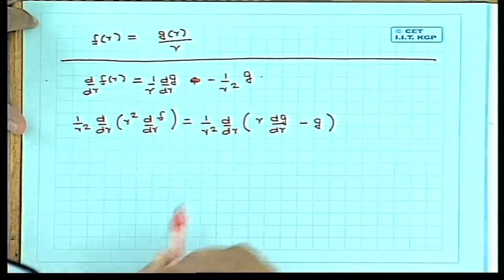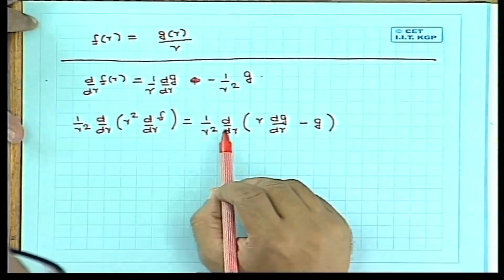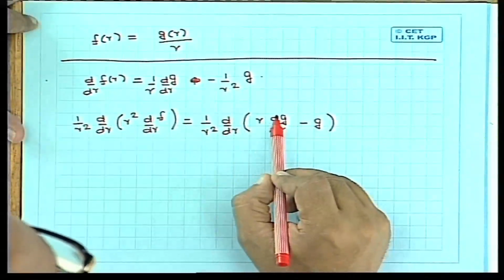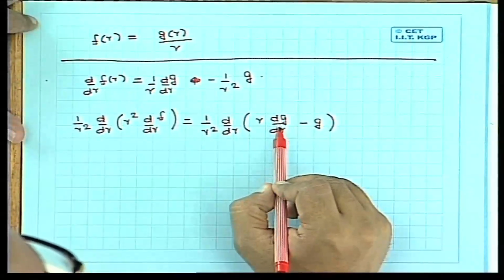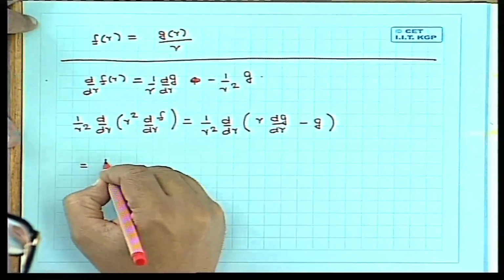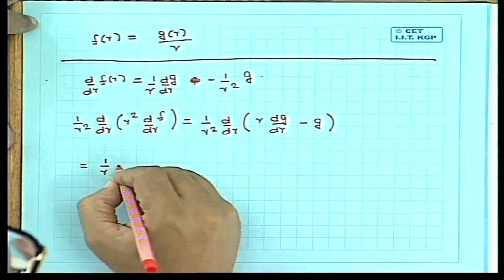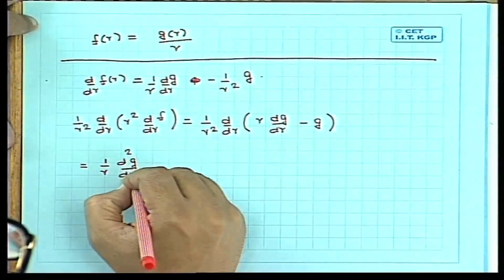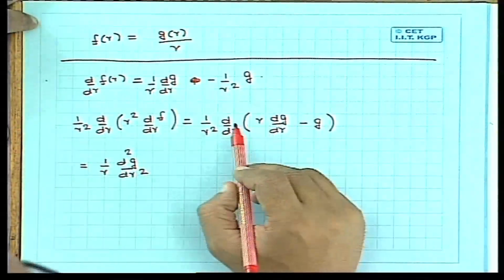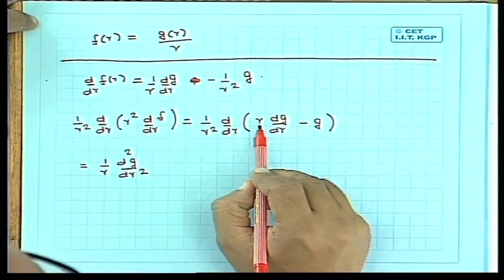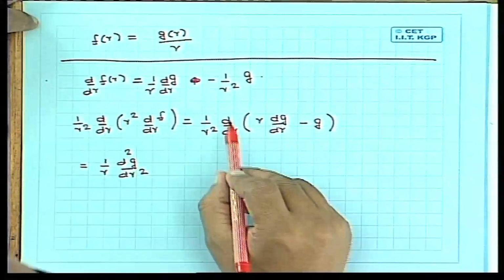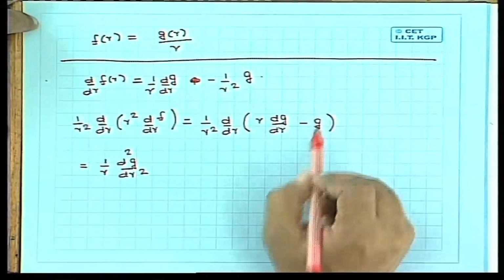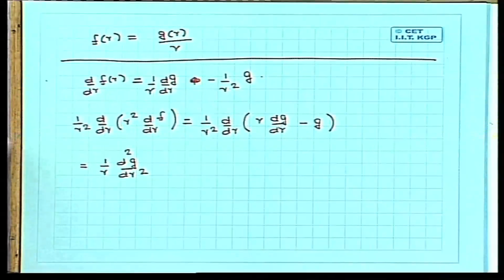If we differentiate this, we find that when the derivative acts on this term, it gives us 1 by r d square g by dr square. When the derivative acts on r, it exactly cancels out the term which I get when the derivative acts on this. So this is all that we have left.